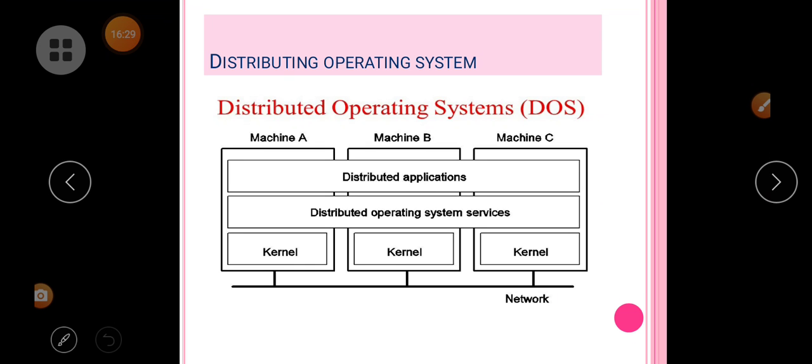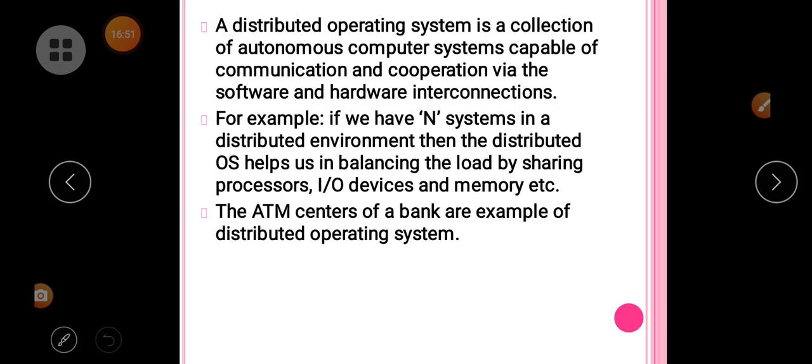Distributed operating system means only one operating system is divided among three or more machines. Machines here means the hardware, the computer. So for machine A the same operating system is used, for machine B the same operating system is used, and for machine C the same operating system is used.